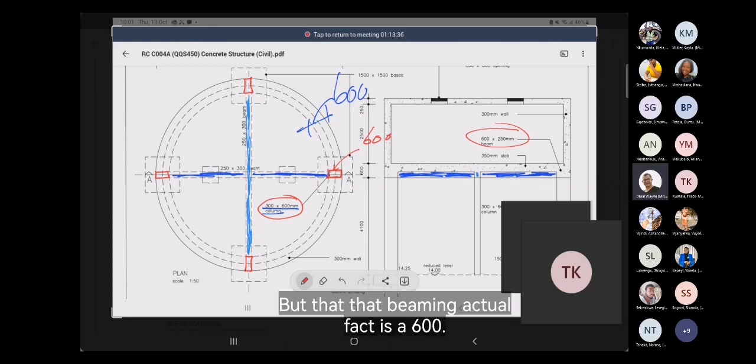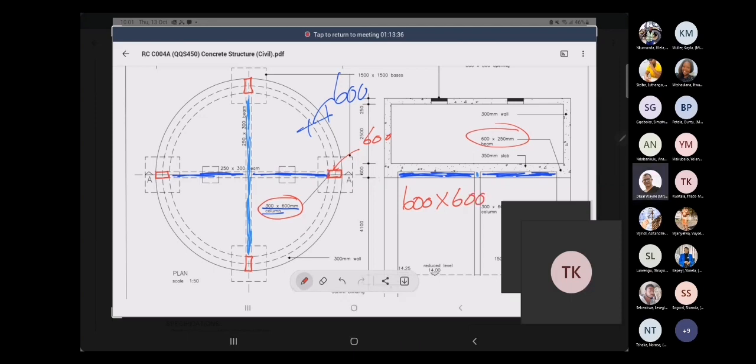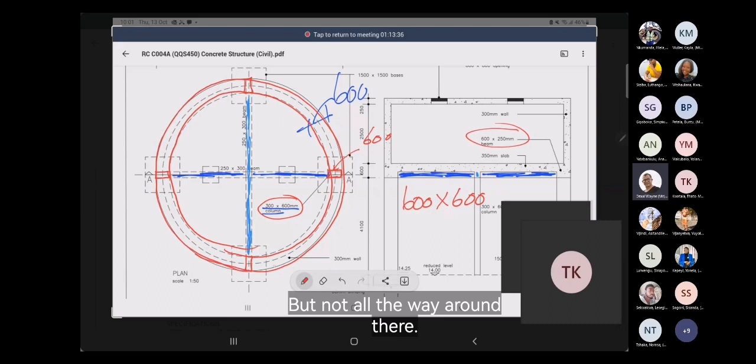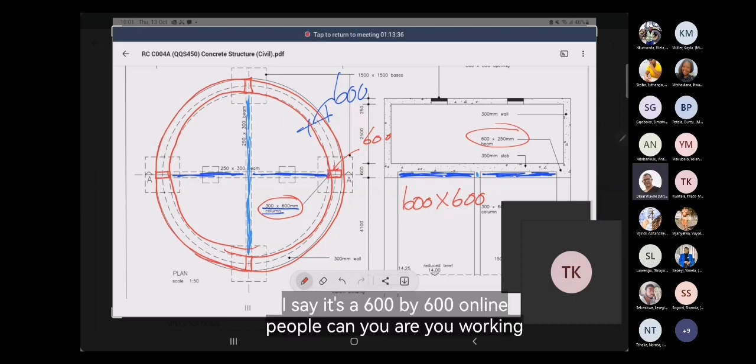But that beam in actual fact is a 600 by 600 beam. Does it make sense? If I say that the beam is a 600 by 600, the beam that has run all the way around there. I say it's a 600 by 600.